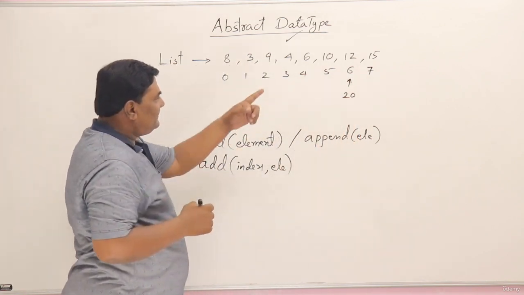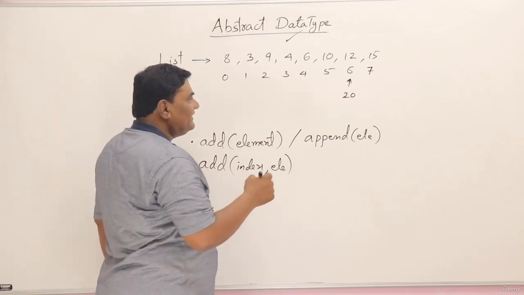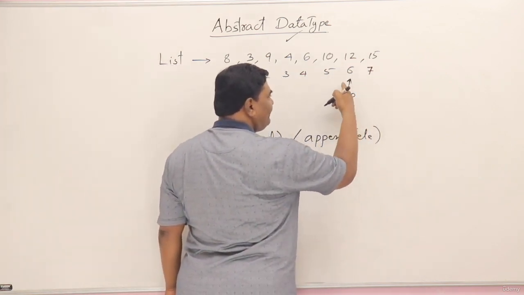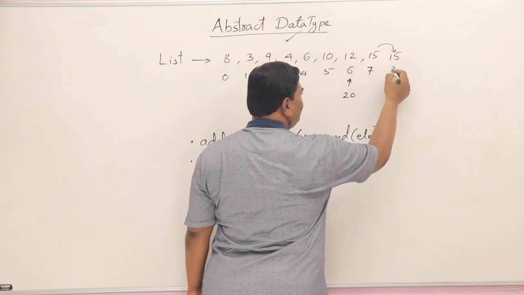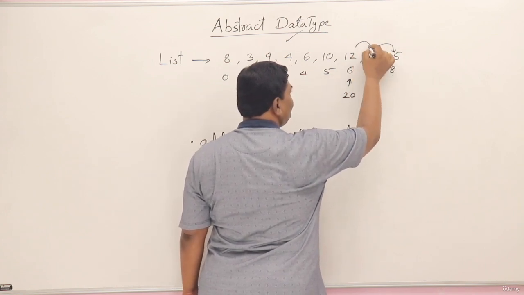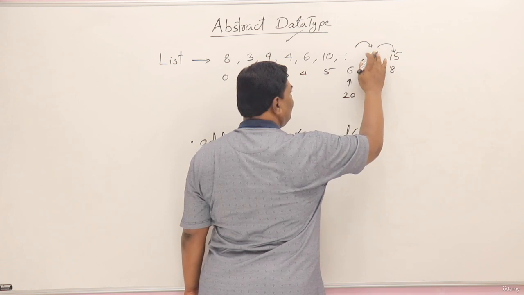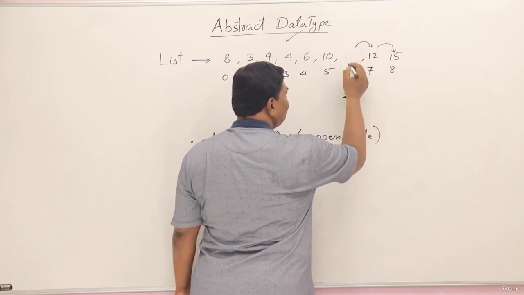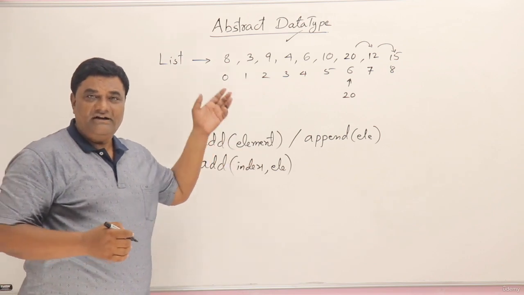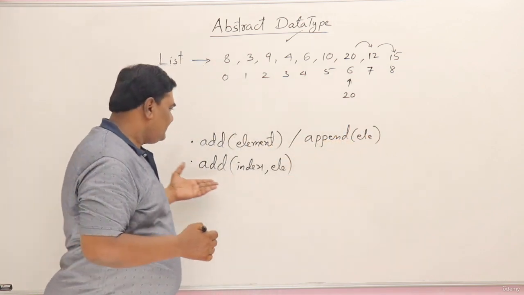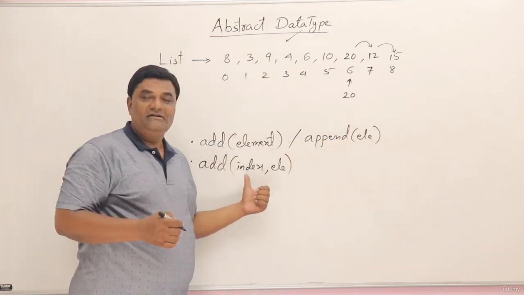The element 12 is already there, so I should shift the element and make a free space for 20. So I should move 15 to the next place, index 8, and bring 12 here. Then I should insert 20 here. So if you want to insert any element at a given index, then you have to shift the elements. So that's what adding an element at a given index means.